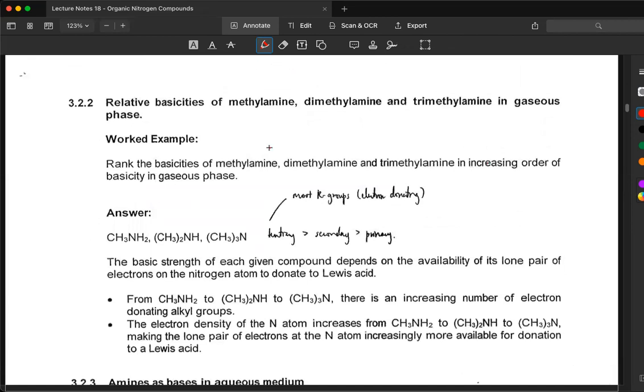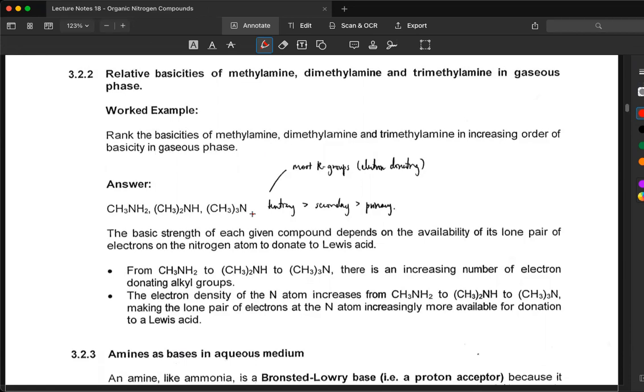Now, if you want to rank the basicity of methylamine, dimethylamine, trimethylamine in increasing order of basicity in gaseous phase, we will have the tertiary, of course, having the highest basicity, followed by the secondary, as well as the primary being the last one. So the more R groups, the more electron donating groups it has, the more basic it is.